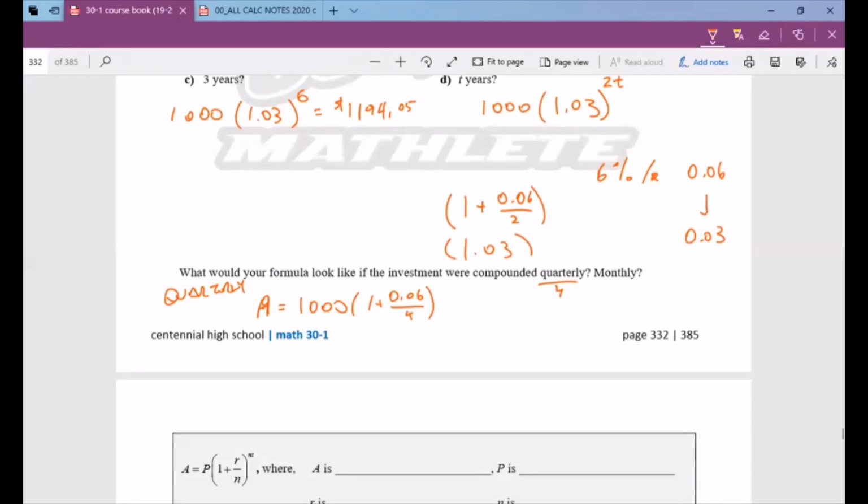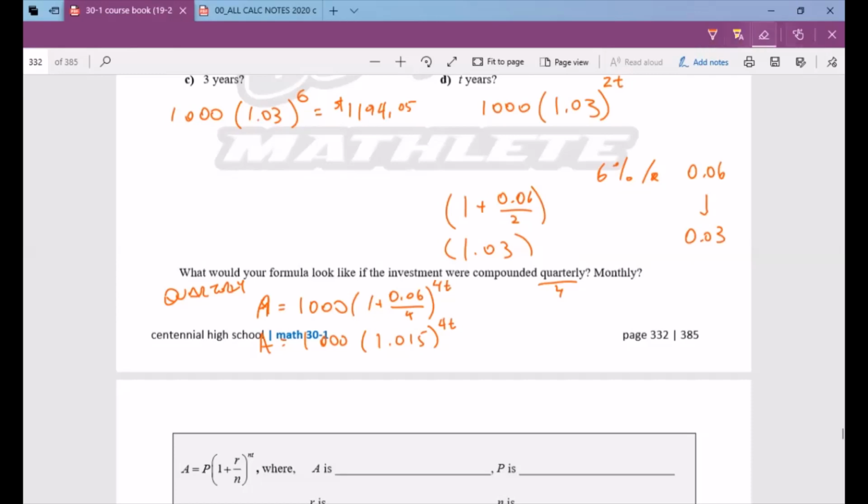We have to divide that by 4. When we divided by 2, that was 3%. So this ends up being 1.5% that you're going to get every quarter. And our exponent ends up being 4t. Because when t is 1 for 1 year, this will be 4 times 1. 4 quarters, 4 compoundings of interest.